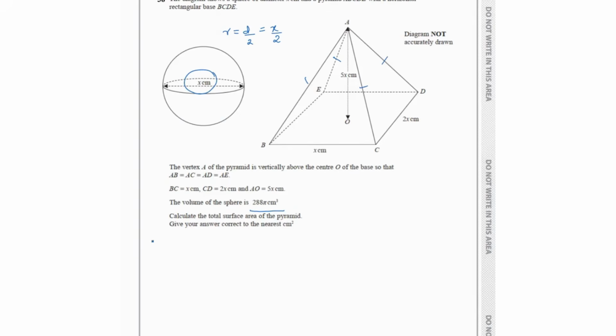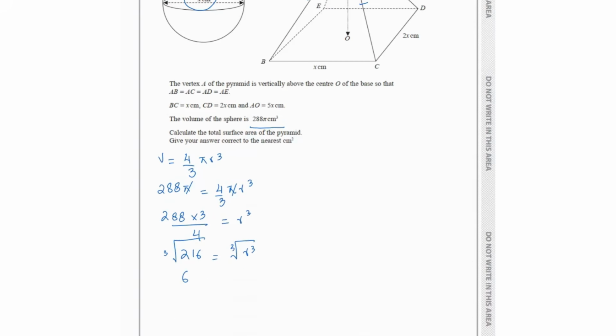So the volume of the sphere is 4 over 3 pi r cubed. So that's 288 pi equals 4 over 3 pi r cubed. Now pi gets divided by pi. So 288 times 3 divided by 4 is r cubed.